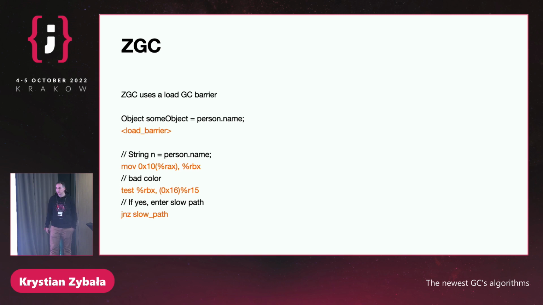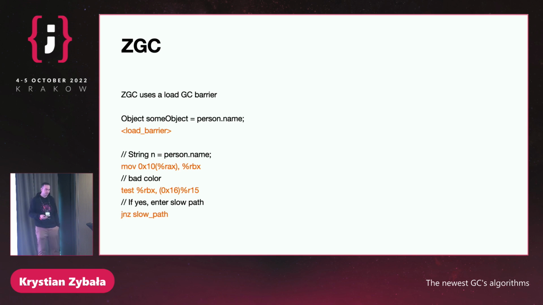Don't worry, this is not assembly, but I want to show that this is the load barrier code. What does it mean? It means that, for example, when you are loading an object from the heap, the load barrier is checking whether the particular object has a good or maybe bad color in ZGlobalPhase. ZGC uses the global variable ZGlobalPhase, which indicates the particular color in the current ZGC cycle.